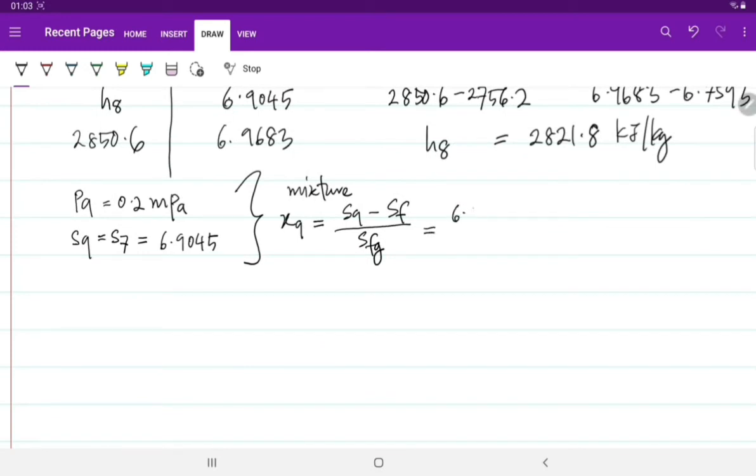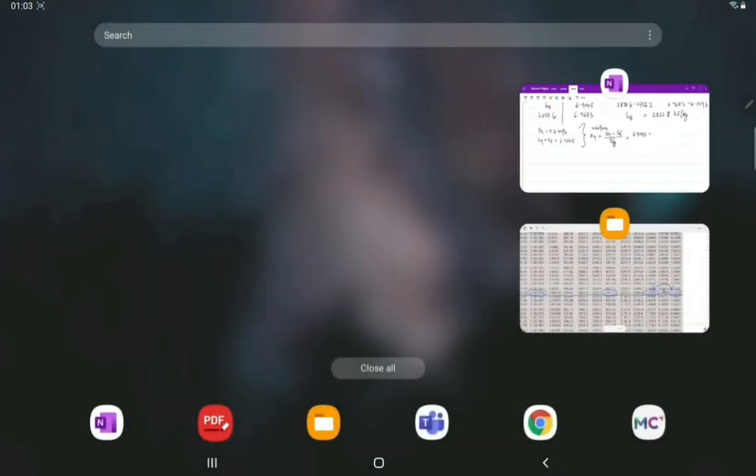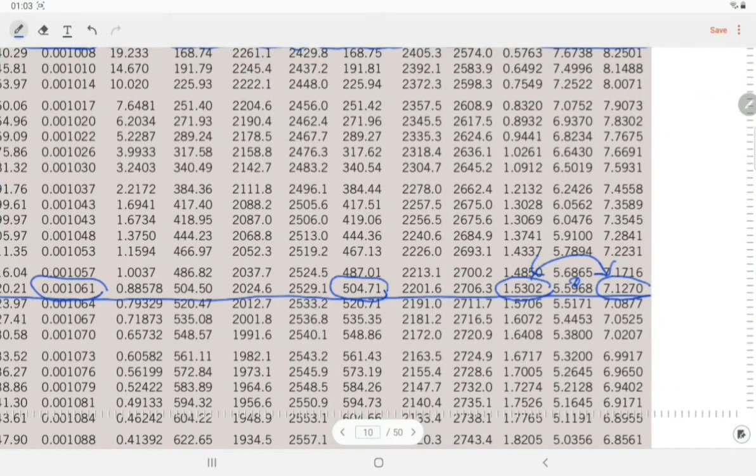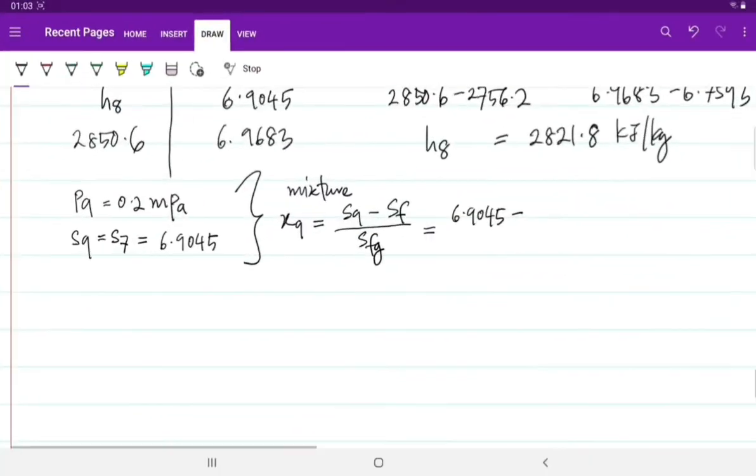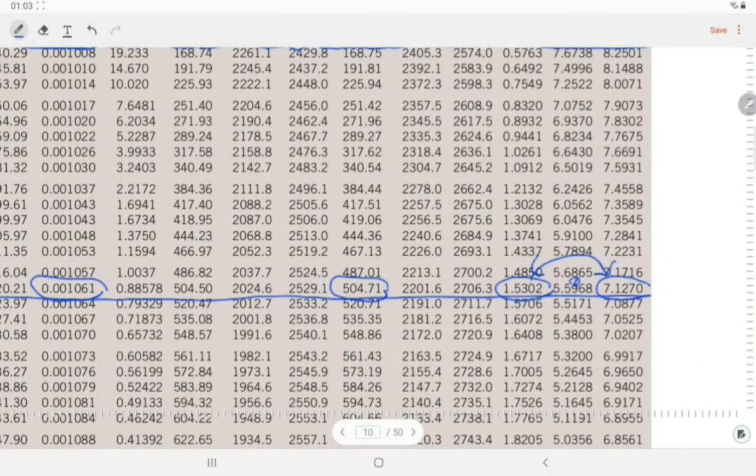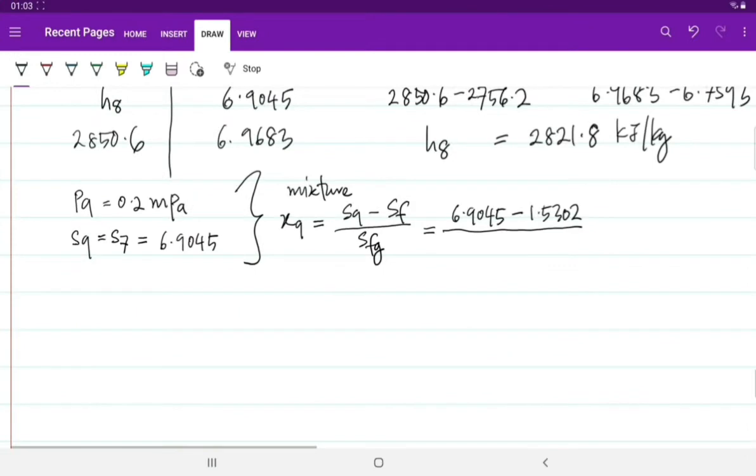Okay, 6.9045 minus SF at 200, 1.5302, divided by SFG 5.5968.